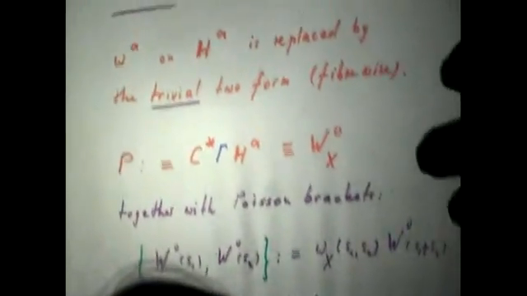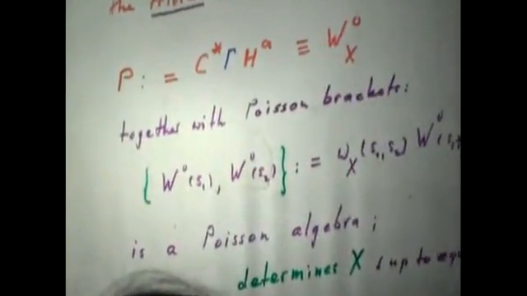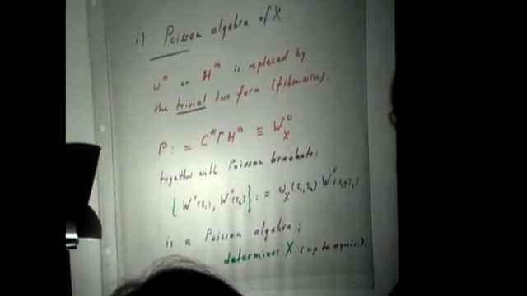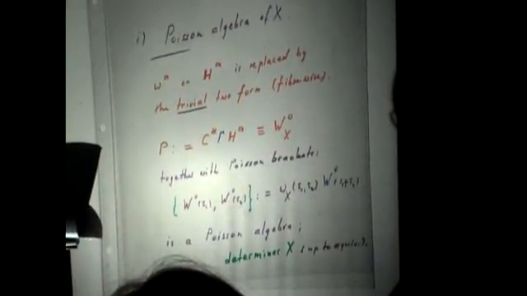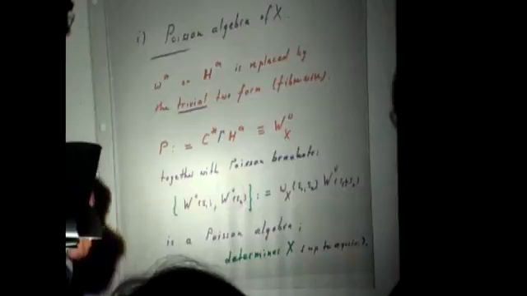Now, what did I have more? Ah, yeah. Now, the quantization is made in two steps. In a sort of pre-quantization, by taking the Poisson algebra in a star algebra, and then taking a representation of that Poisson algebra.